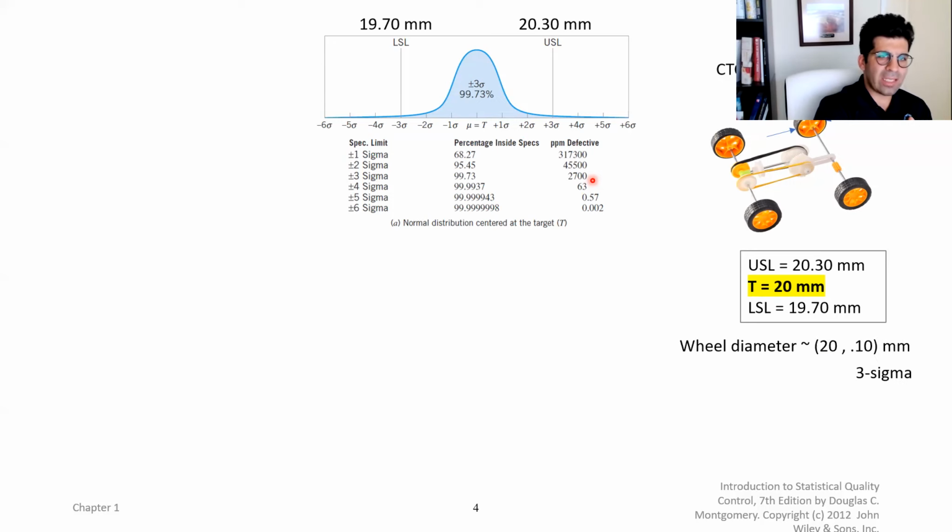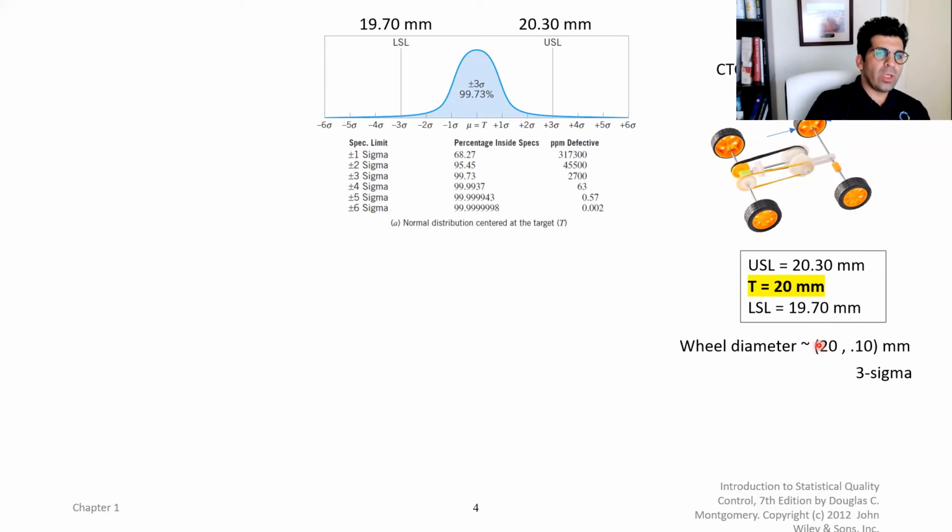So let's look at an example. Let's say I have a plant and I produce these wheels, and I actually measure a large sample of them, and I realize that the mean diameter of the wheels that I'm producing is 20, which is great. It's just like the target. And then there is a 0.10 standard deviation.